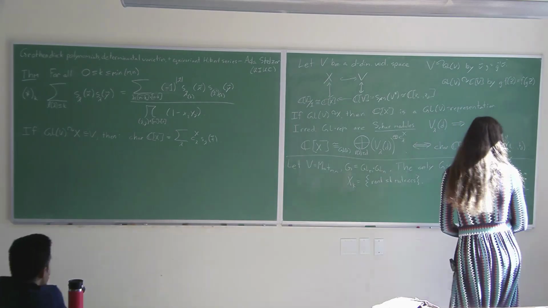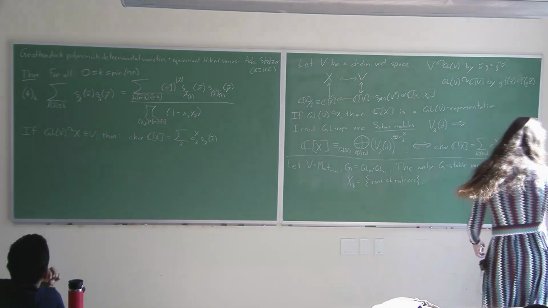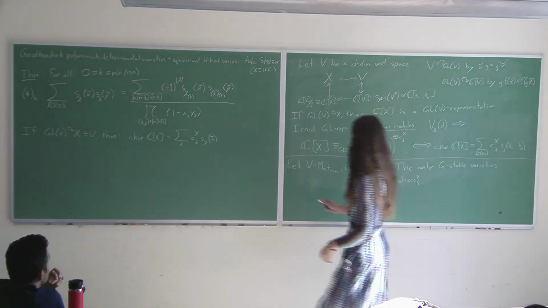So that means that we can try to compute the character of this thing equivariantly in terms of this G action. And if we do that, what do we get? I guess I'll try to squeeze it in here at the bottom.